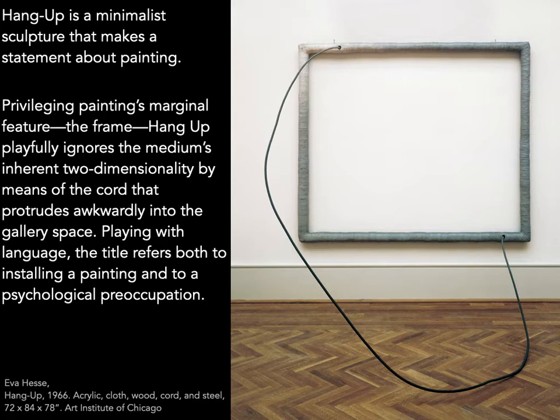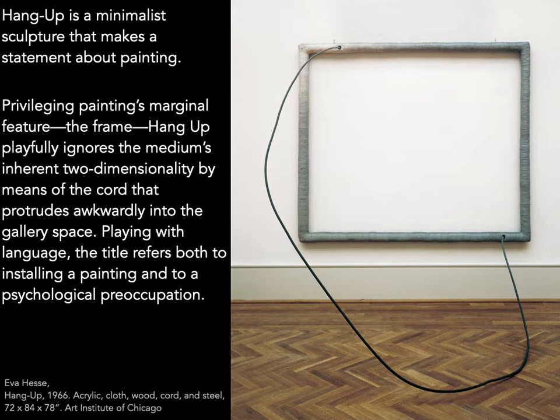And so here, what we're looking at, it looks like we're looking at the back of a painting, right? It looks like Eva Hesse has taken the painting, flipped it around so that the canvas is pushed up against the wall, and is saying the most interesting part about this art, about painting, is the back of it.